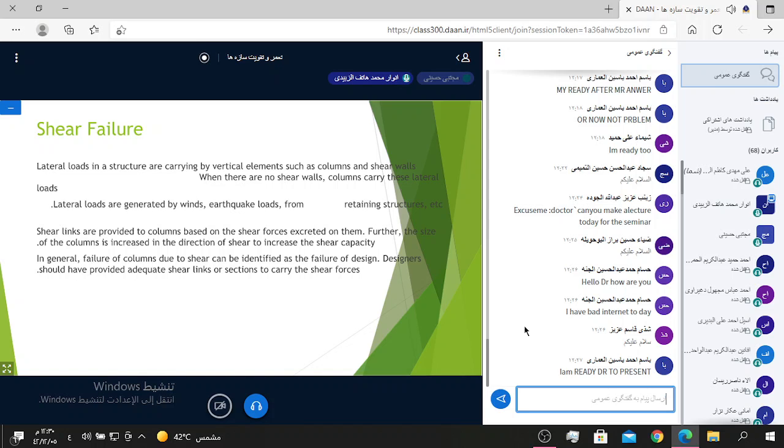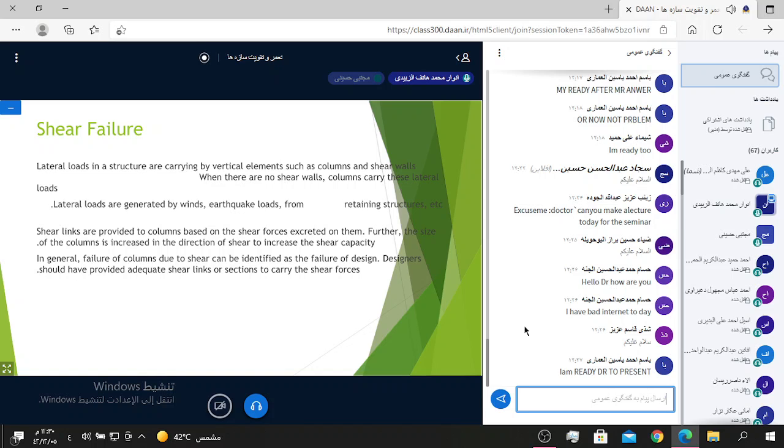Other type: shear failure. Lateral loads in a structure are carried by vertical elements such as columns and shear walls. When there are no shear walls, columns carry these lateral loads.